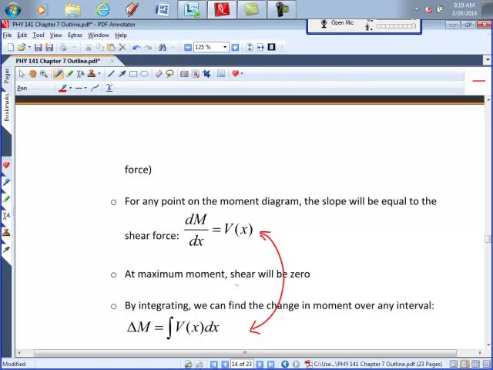At the maximum moment, the shear will be 0. Why does the maximum moment have to have a shear of 0?